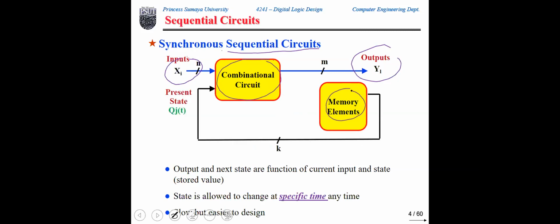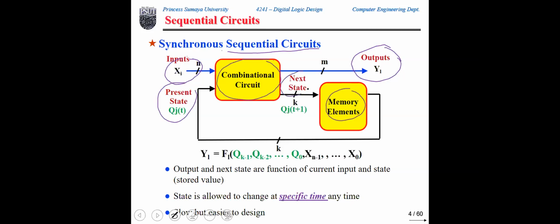The value stored in this memory is called the present value or the present state. The Q of t is used along with the input to calculate not only the output, but also the next state, the value to be stored in this memory, or Q of t plus 1.